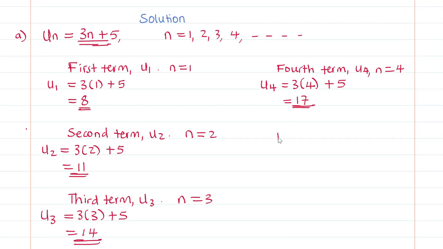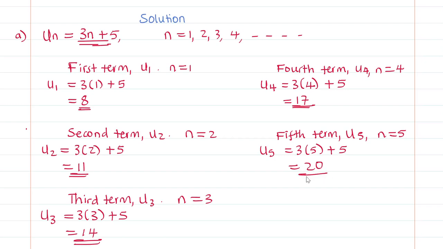And finally, our fifth term, which we denote as u5, our n will be 5. So we substitute for n as 5 in that very formula. Therefore, our u5 becomes 3 times 5 plus 5. 3 times 5, 15, plus 5, that is 20.